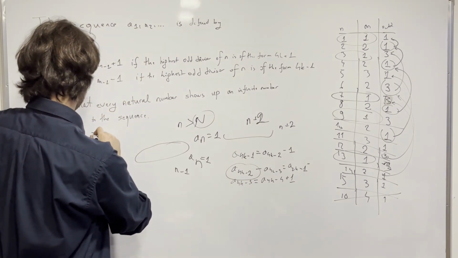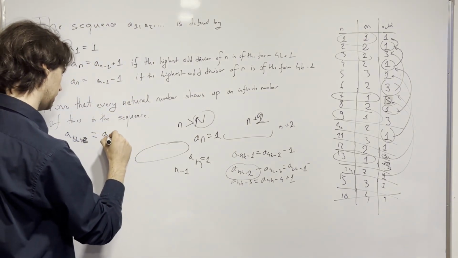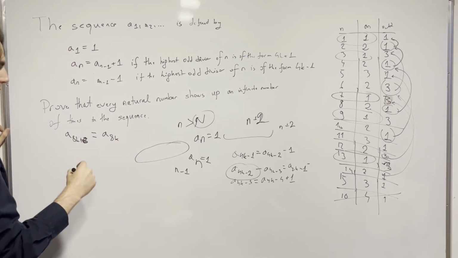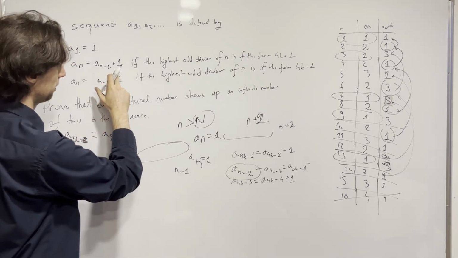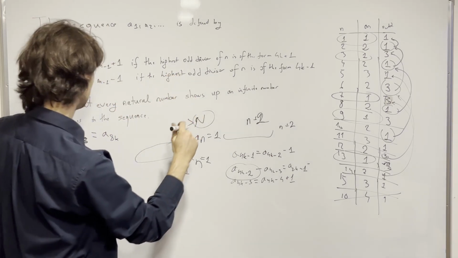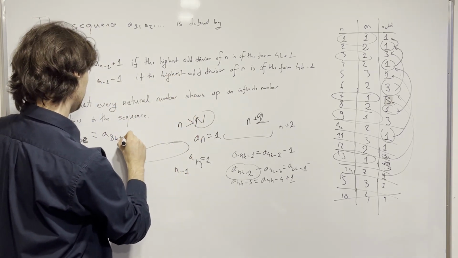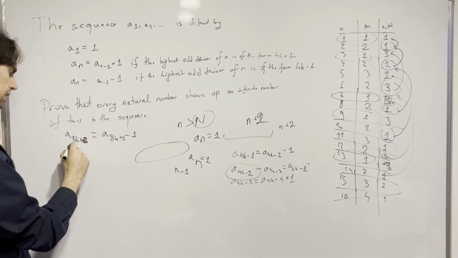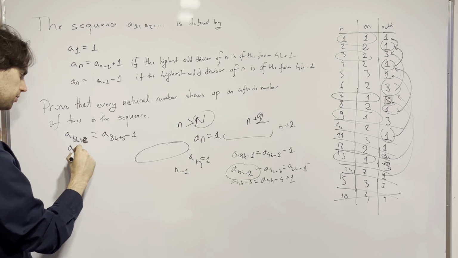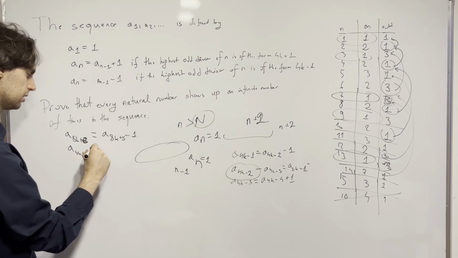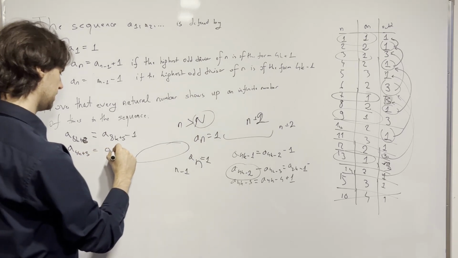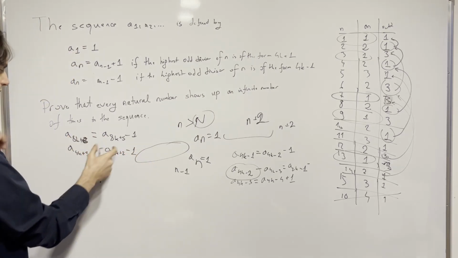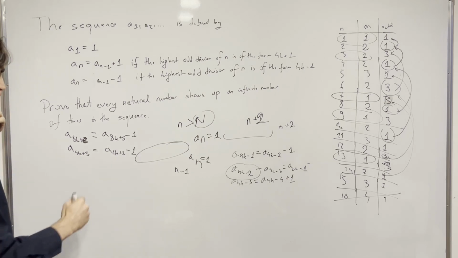So this is going to equal a, because this is 2 times 4k+3. So 4k+3 is the biggest one, so it's going to be a_(8k+5) minus 1. Then I have a_(4k+3) is a_(4k+2) minus 1. So this minus this is equal to this minus this in this case.